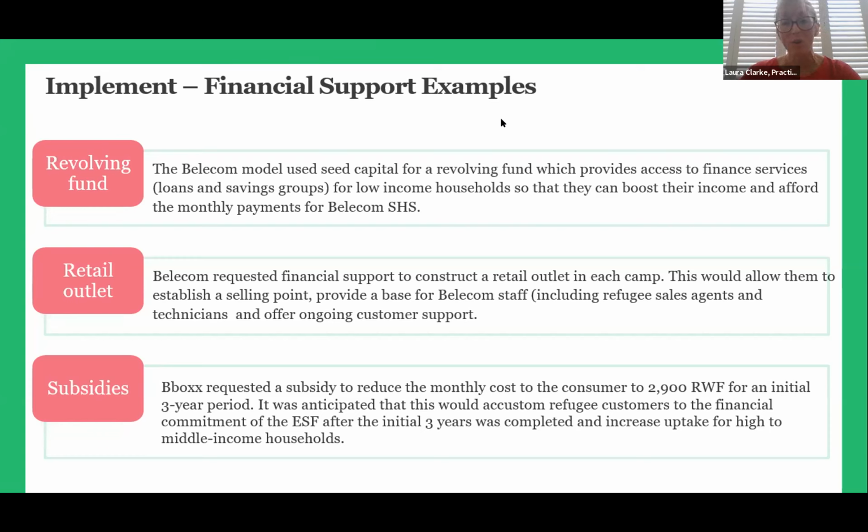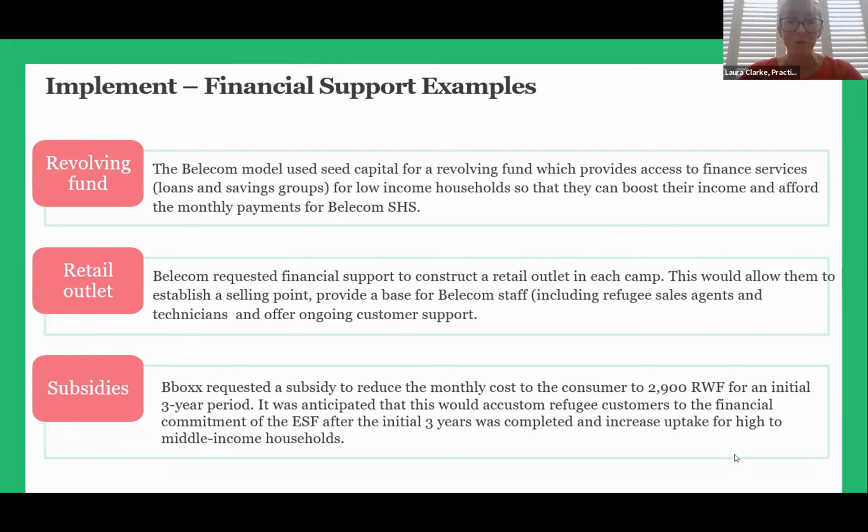So they focused on a subsidy over that 3-year period. That would allow refugees to pay this energy service fee on an ongoing basis and access the solar home system product for the long term.